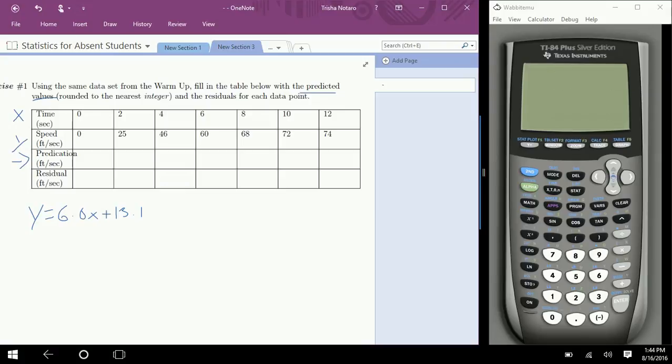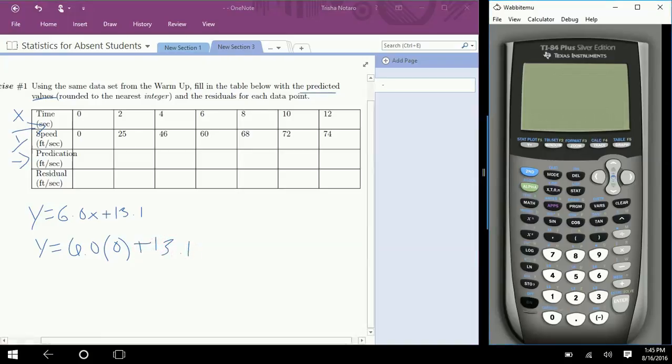What we're going to do is take our equation, y equals, and find the predicted. We're going to go 6.0 times, and instead of x we put in our x values. So I'm going to put in 0, and then add 13.1. You could do that on your calculator, and hopefully you can do some of these in your head.